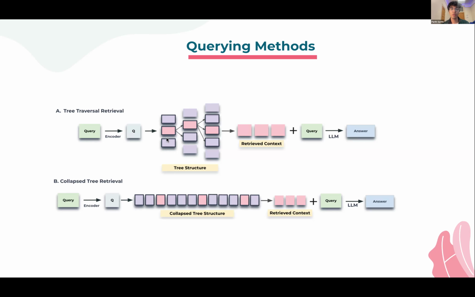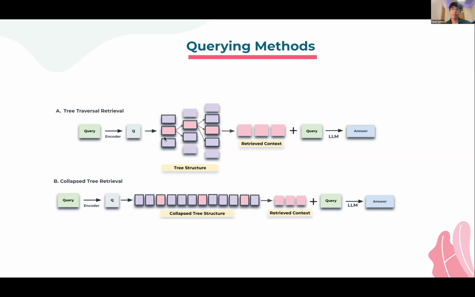Let's say you decide the beam size, or how many nodes you are going to keep at every level, and your depth size. So do you want to retrieve only from the first two layers, or till the end? At the root node, you do some sort of vector-based similarity search.